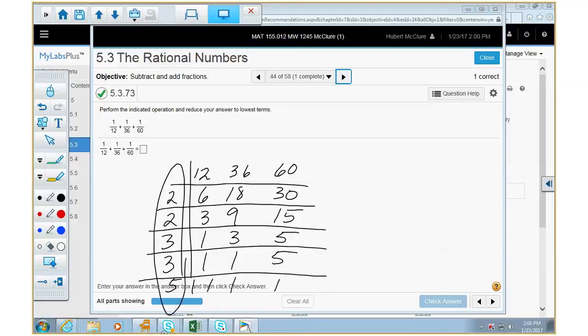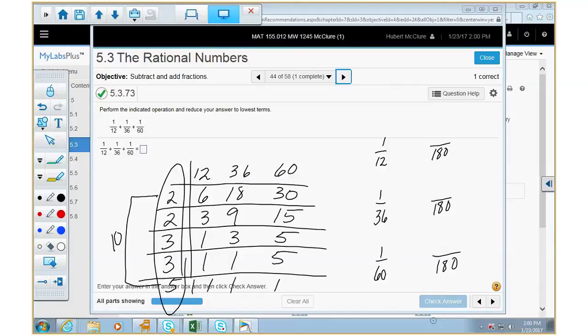I'm going to use 5 times 2 is 10, because you multiply 10 by any number. And what's 9 times 2? So 180 is your common denominator. I'm going to put 1/12, 1/36, and 1/60 over 180, 180, and 180. This may help y'all.